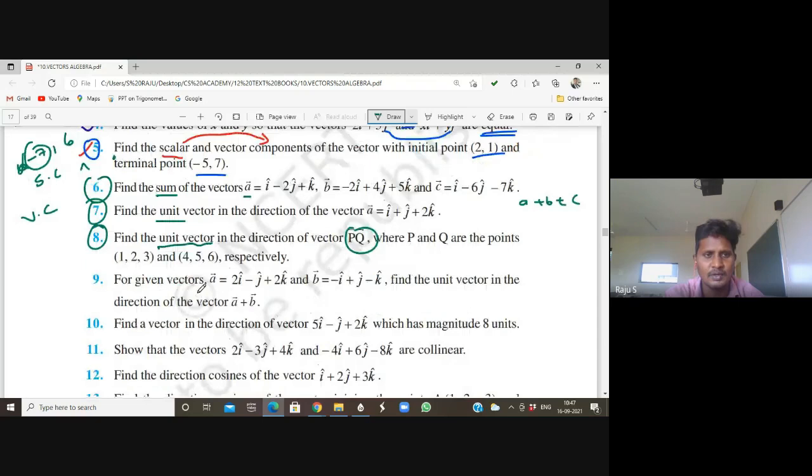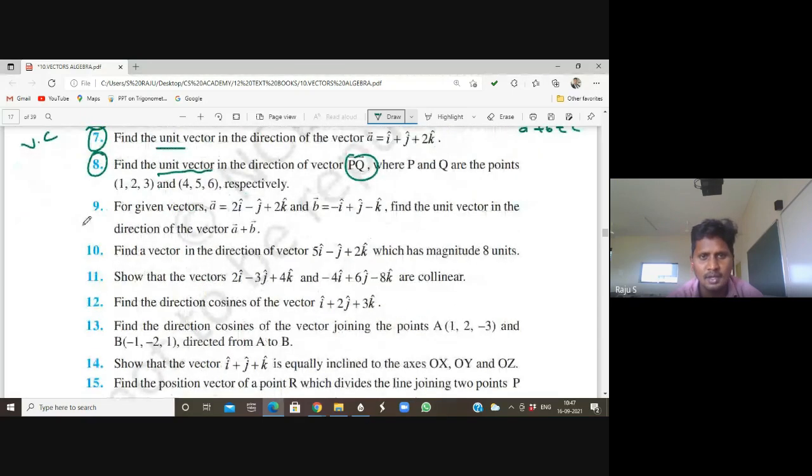3 minutes more for us, let us do question number 9. In question number 9 also, see students, first we have to find a plus b. a is given, b is given. A plus b: I plus j get cancelled, 2k minus k plus k, that's it. I plus k is a plus b.